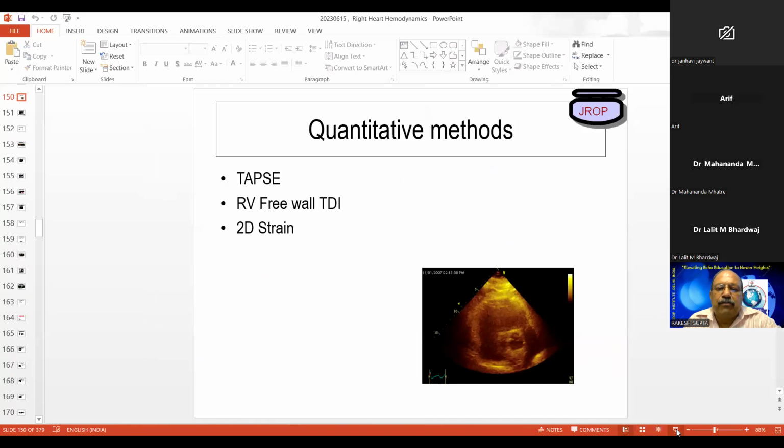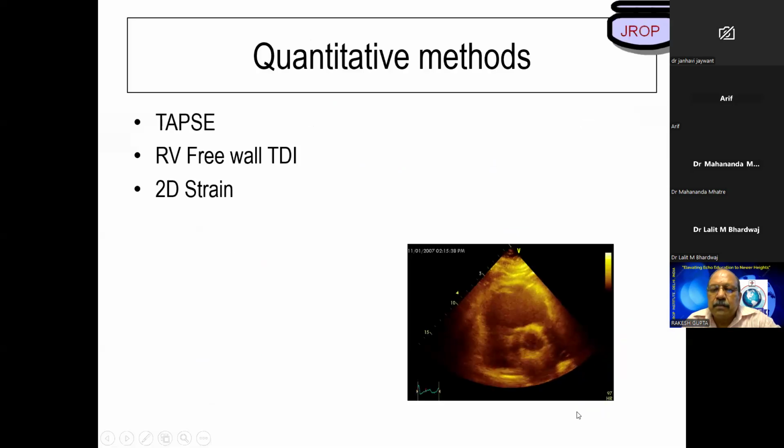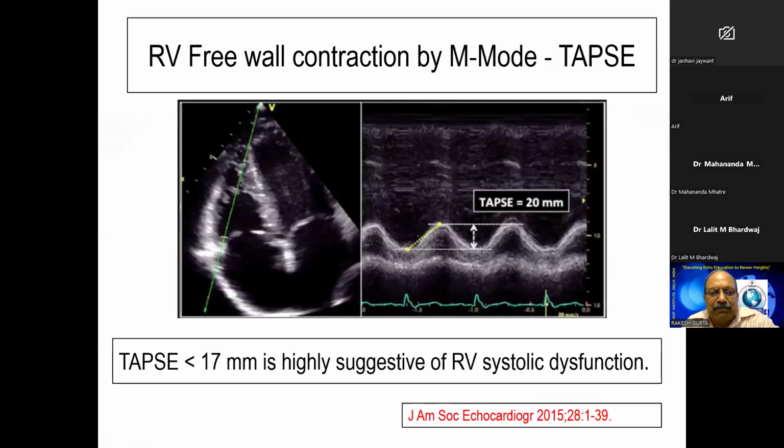So this is how we look for RV function. We look for TAPSE, RV free wall TDI, and two-dimensional strain. At your level, look at TAPSE and RV free wall. How do you look for TAPSE? We go to the four-chamber view, put a cursor across the tricuspid annulus, and see how much it is moving from this point to this point.